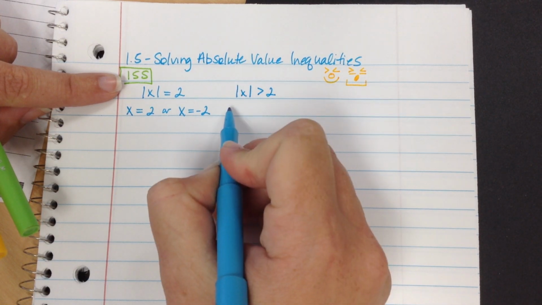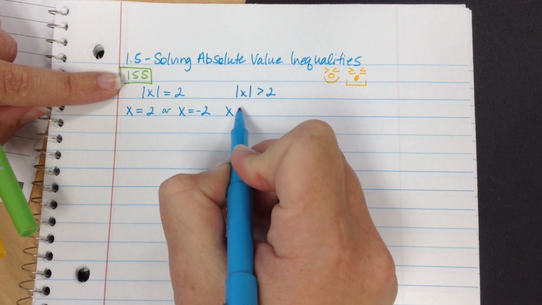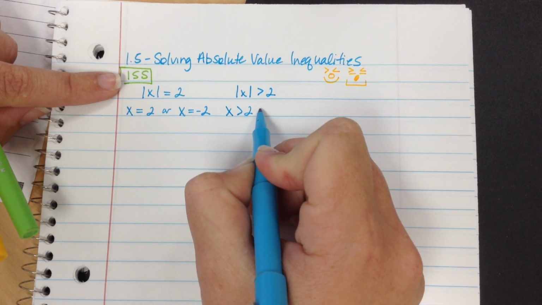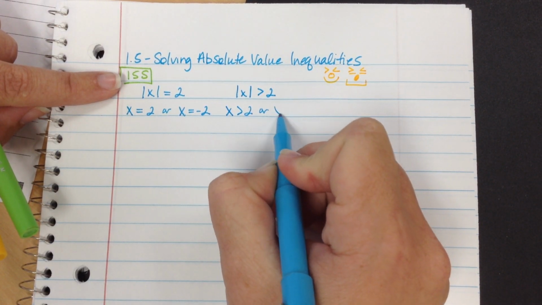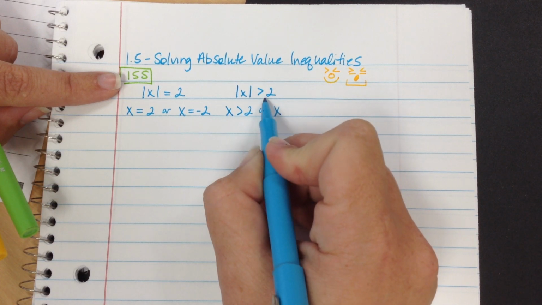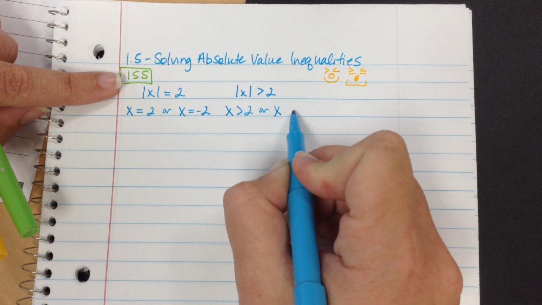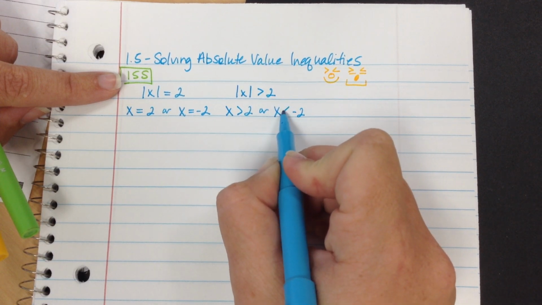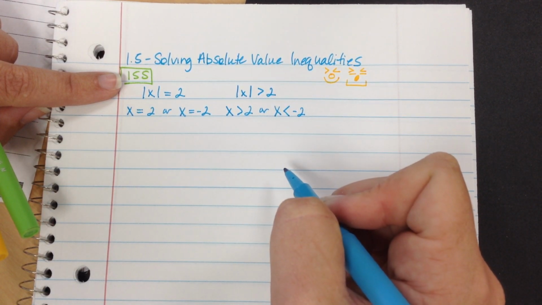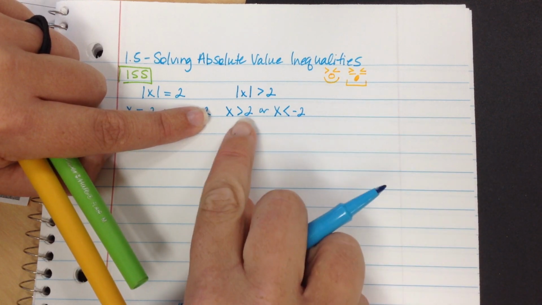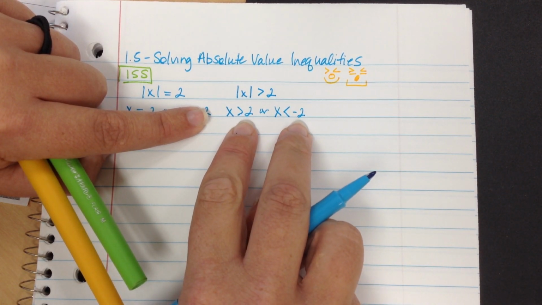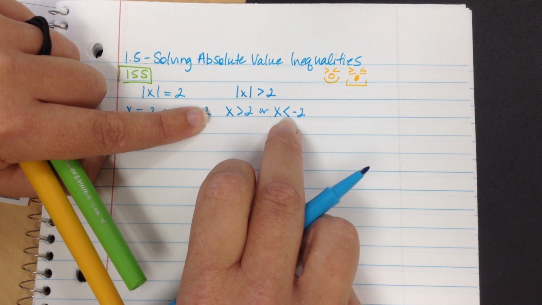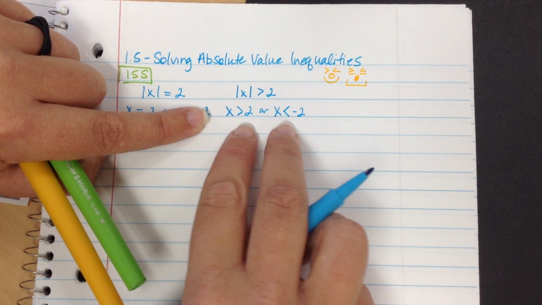When we separate, we're going to have x is greater than 2, or, remember, we always flip the negative, so if it's positive, we would make it negative. The other thing that has to change with inequalities is you flip the sign. So when you do your separate stage, yes, one becomes positive and one becomes negative, but on your second equation, you flip the sign. Here are your two answers.